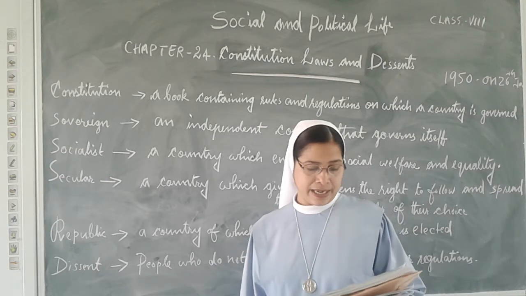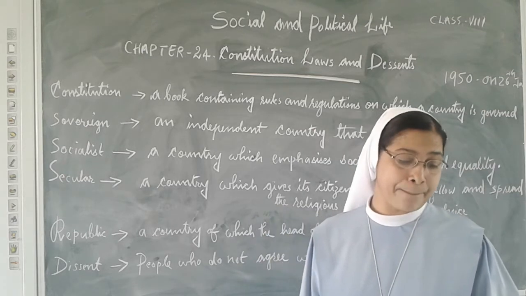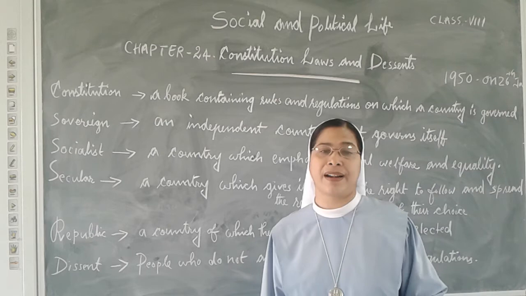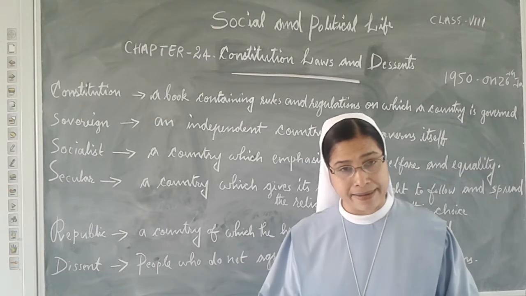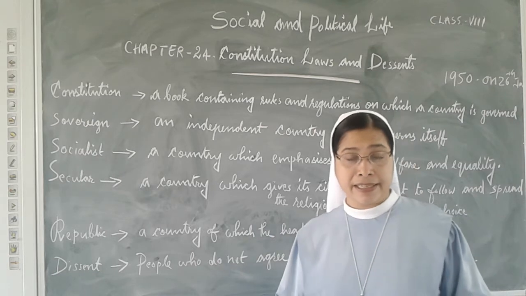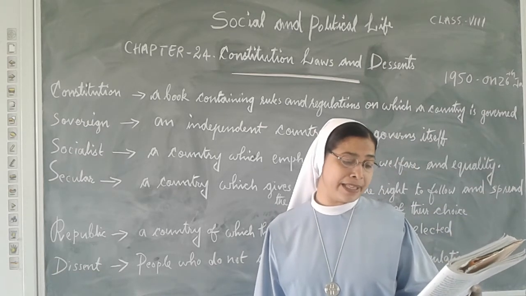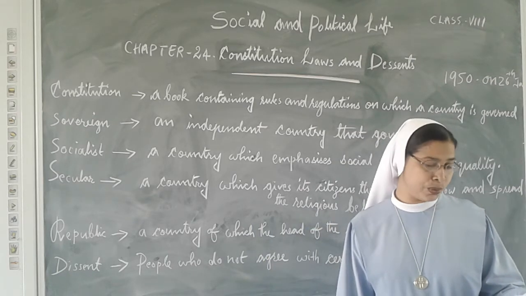Now we will see what a constitution is. A constitution is an important document laying down the fundamental principles of the country. A country should have some written guidelines, and that is the constitution. The country is governed by these principles. Laws are also formulated according to them.